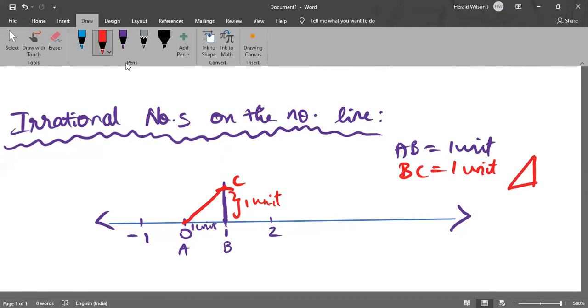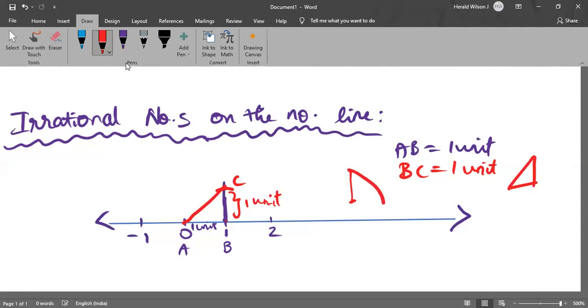So now what you need to do is measure AC, measure AC using the compass, and keep your compass on point B and start cutting an arc like this.